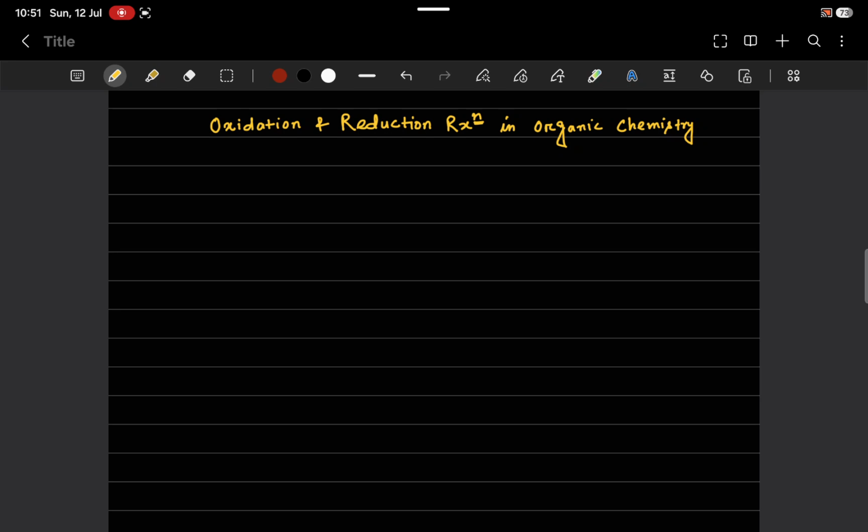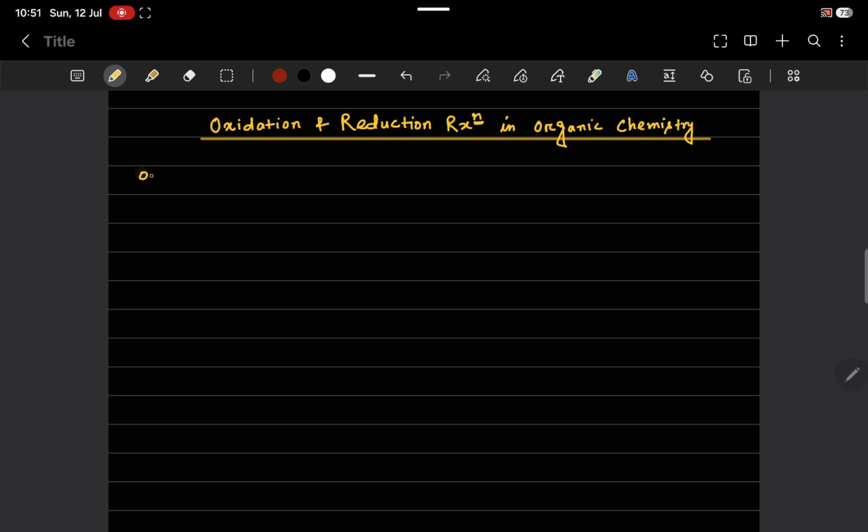When we talk about any oxidation and reduction reaction, which picture should come to our mind? Electron transfer reaction.